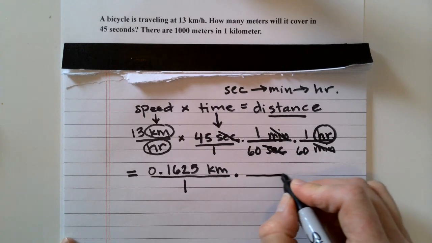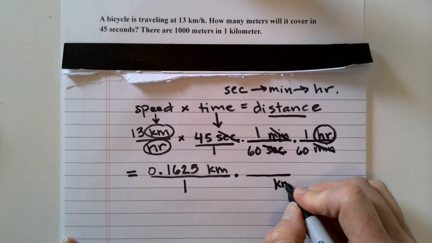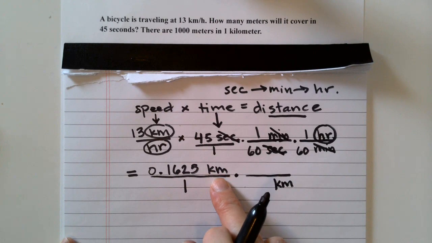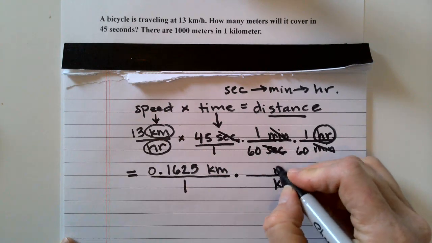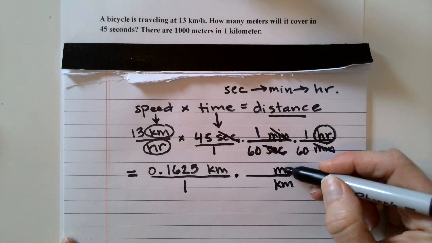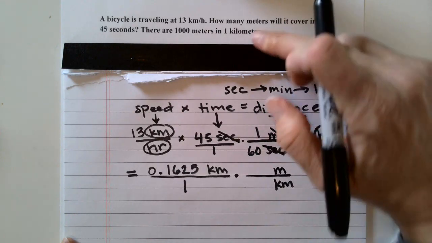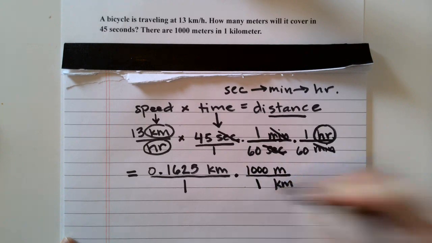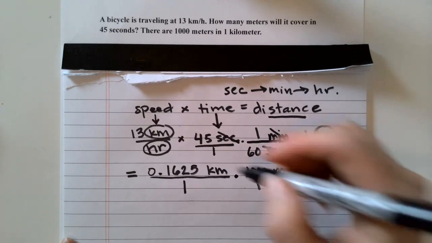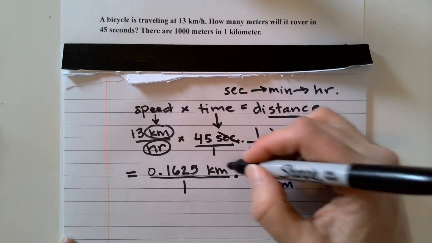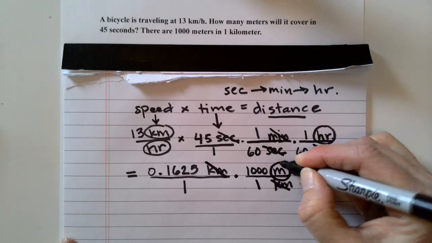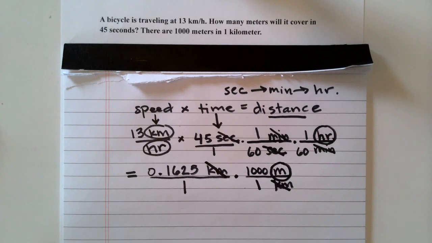So I need to multiply it by a ratio where kilometers are in the denominator, because then it will cancel out with the kilometers on top. I don't want kilometers, I want meters. I know how many meters are in how many kilometers. The problem told me there are 1,000 meters in 1 kilometer. And by multiplying by this ratio, I can cancel out my kilometers and I'll end up with how many meters the bicycle traveled.